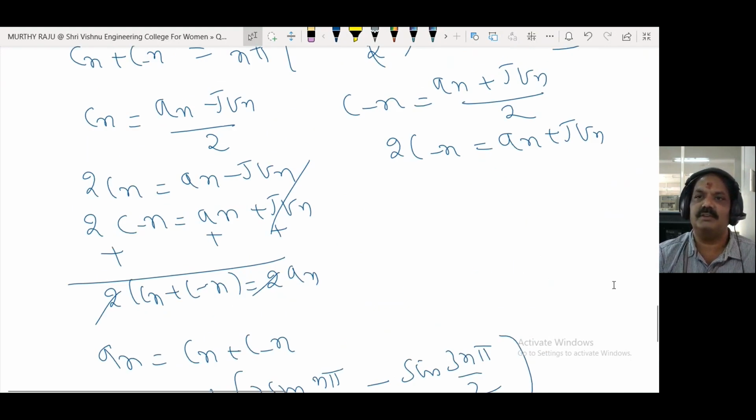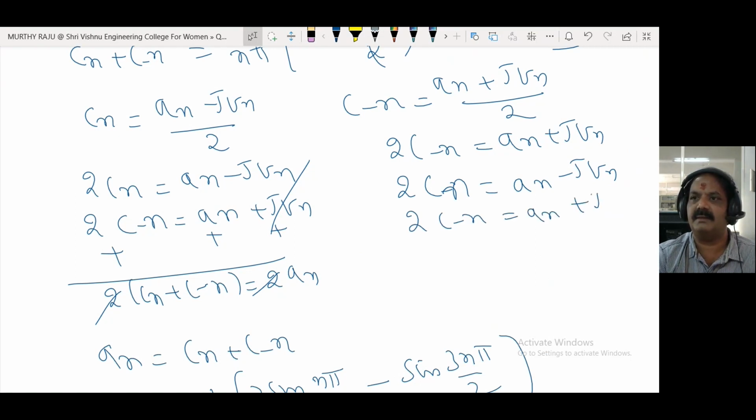Similarly, 2Cn is equal to An minus jBn, and 2C minus n is equal to An plus jBn. Subtracting, 2 into Cn minus C minus n is equal to An cancels, minus 2j Bn.